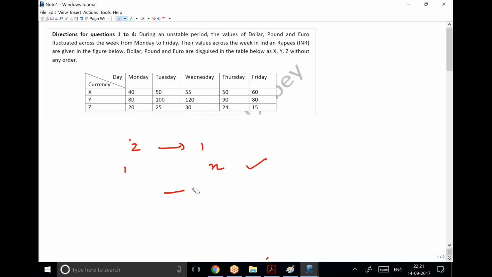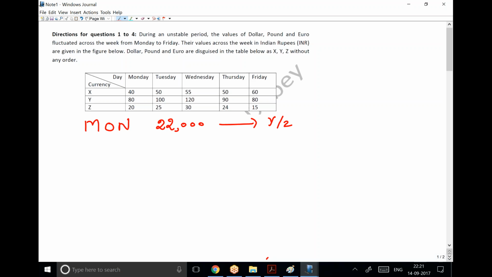On Monday, this 22,000, I will convert into either currency Y or currency Z. And on Wednesday, this currency Y or currency Z, I will convert back to INR.